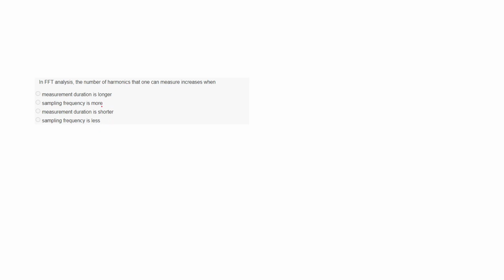The answer is sampling frequency is more. That means the number of frequencies at which the data is collected is more, so we are able to get more number of harmonics. Okay.